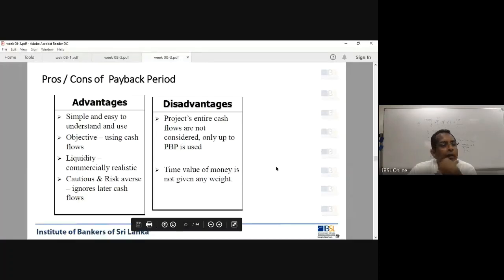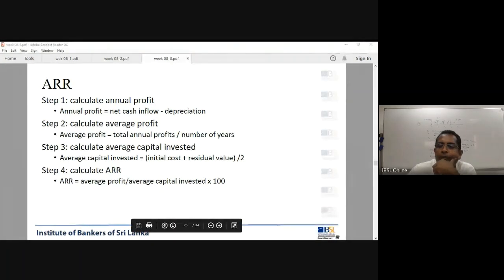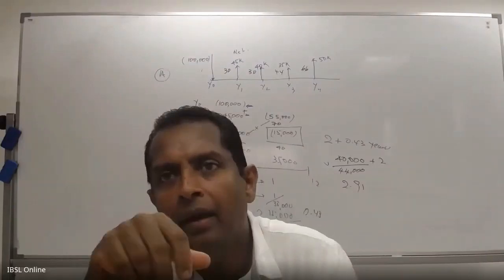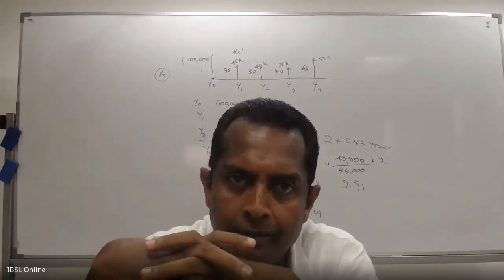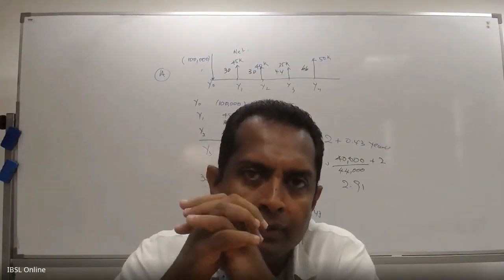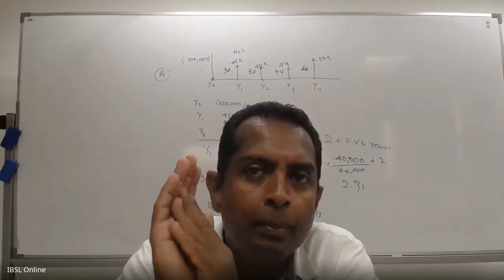We discussed the advantages and disadvantages. Today we will start with ARR. ARR is the average rate of return. On payback period, we consider the cash flows. In ARR, we are considering the profit.